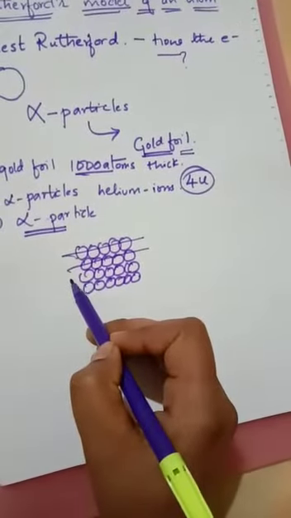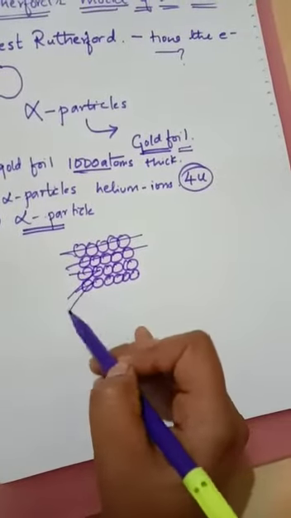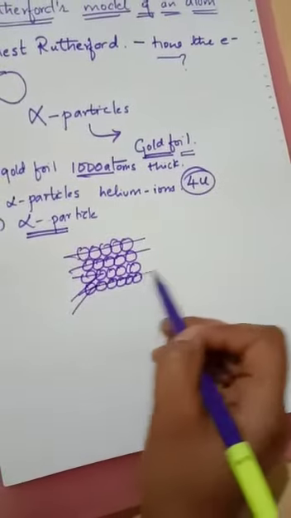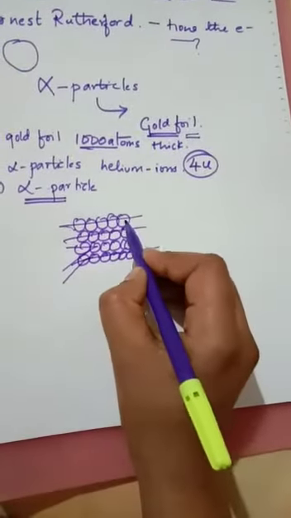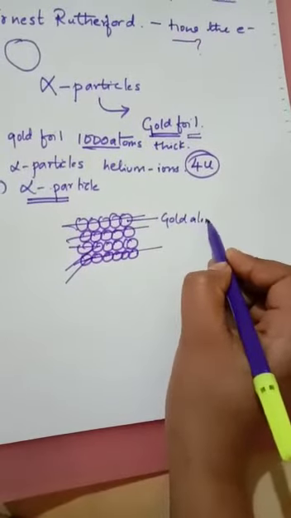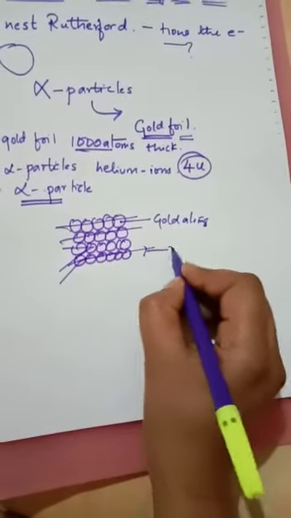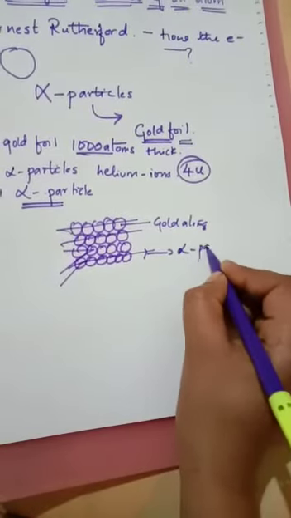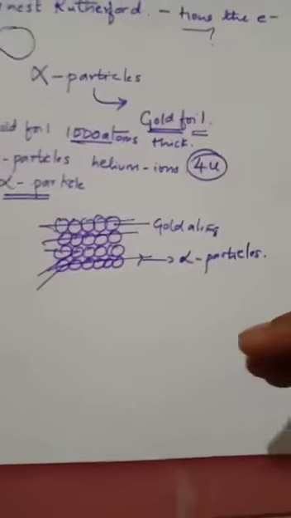Sometimes it will deflect like this. Sometimes at one atom it deflects like this, or it may go straight. Okay, so these round things are the gold atoms, and these scattering rays are the alpha particles.